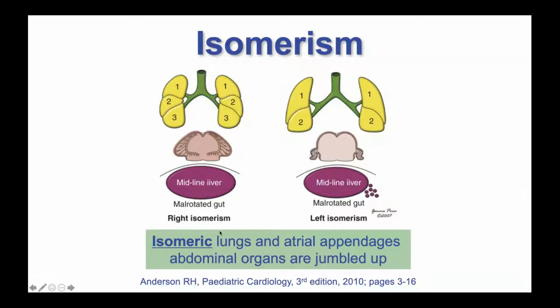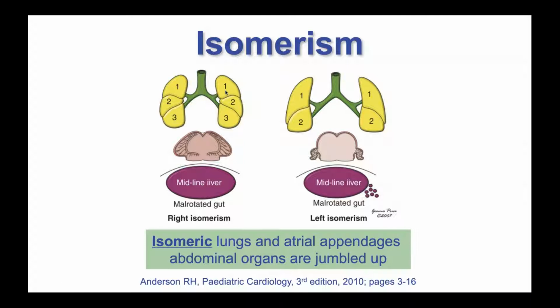So this is a right isomerism. You see here, you have two right lungs, one on the right and one on the left. You have two right atria, one on the right and one on the left, and the liver is in the midline, and you have malrotation of the gut. So please do not call the left-sided right lung a left lung, because this left-sided right lung is not a left lung, it is a right lung.